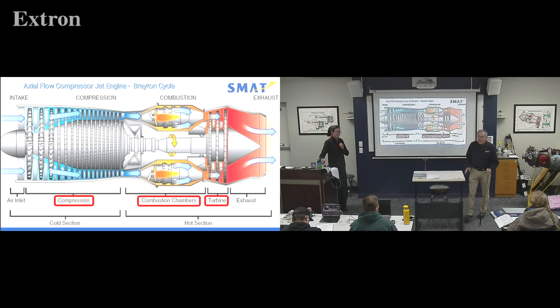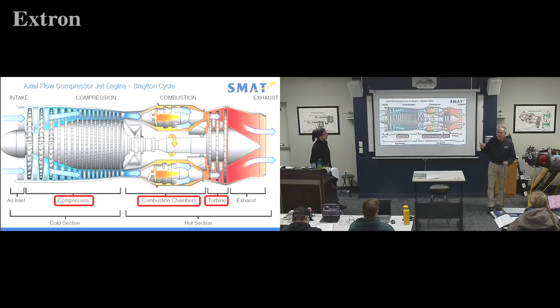What you're going to see is that when you get into piston engines, we're going to talk about the different cycles. This here, the jet engine, the turbine engine, is called the Brayton cycle. It's a continuous, constant pressure cycle.